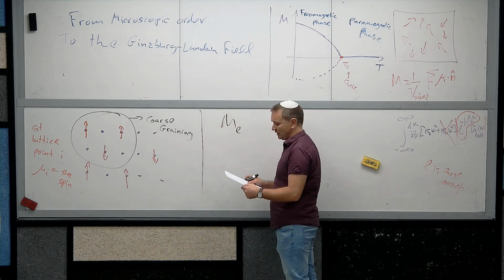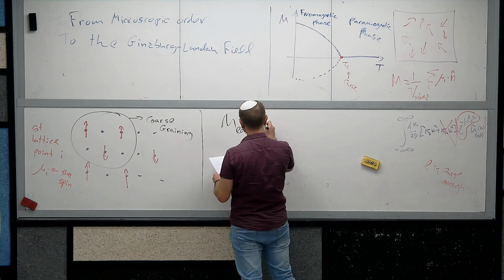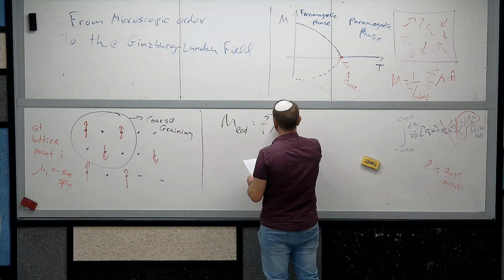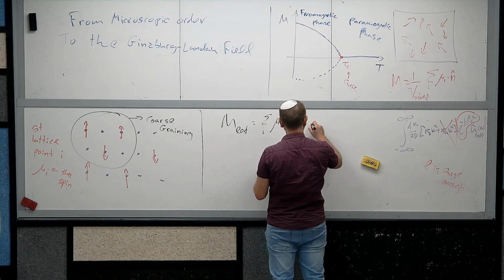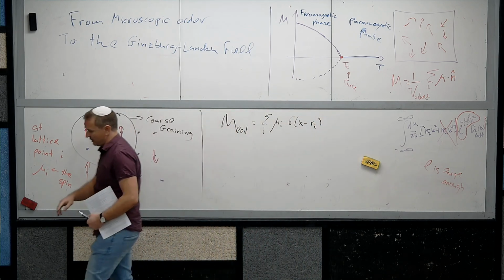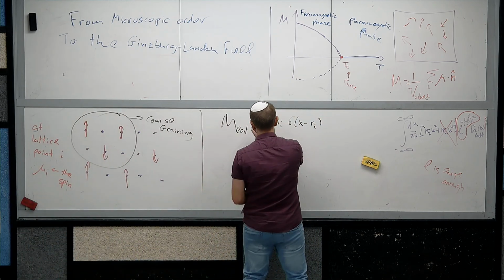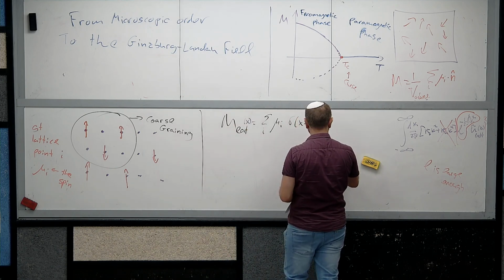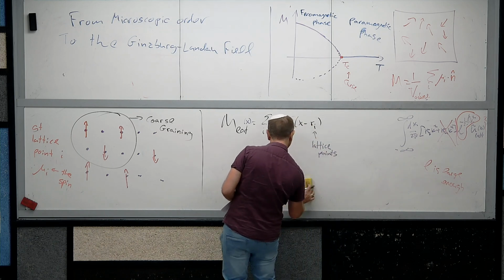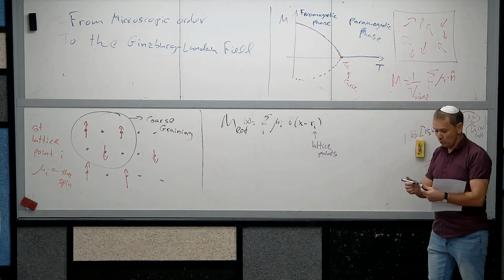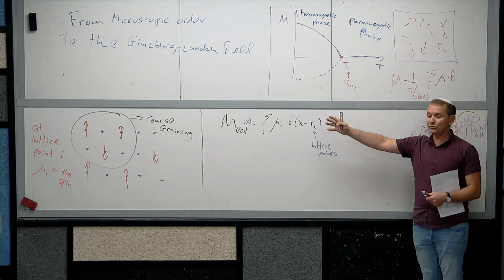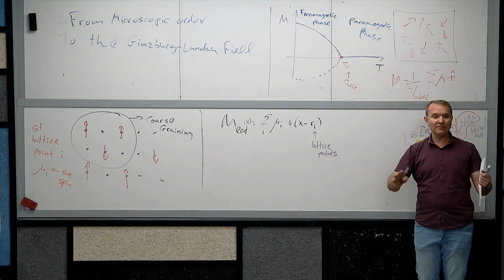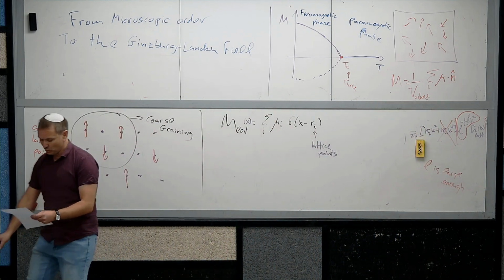So there is a magnetization that I would call M of lattice, and it's just a sum over i of mu i delta of x minus R i, where those R i are lattice points. So this is an explicit description of the magnetization, or the spin values on different lattice points. I haven't neglected anything.